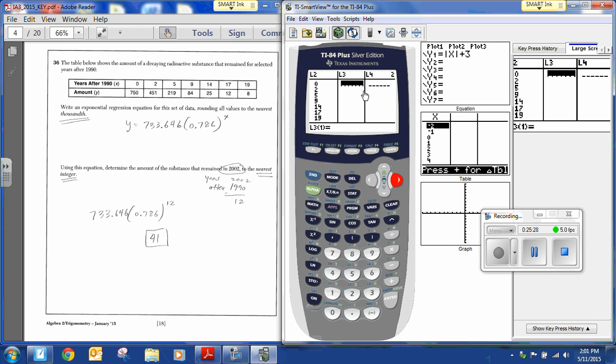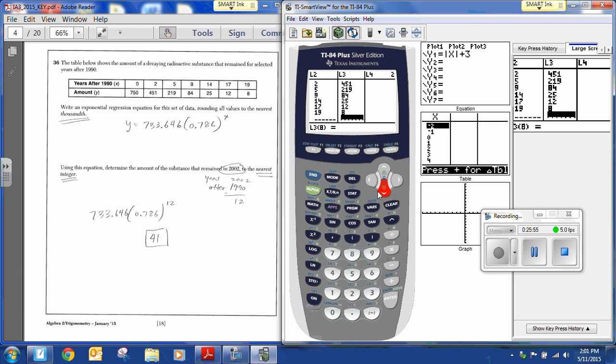And our second list will be 750, 451, 219, 84, 25, 12, and 8. Double check all of our data, and it looks like I have entered it correctly.